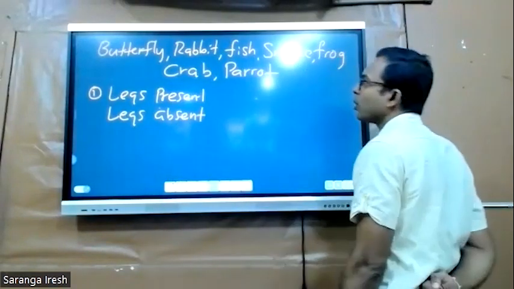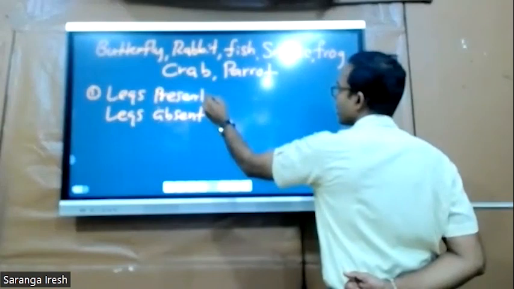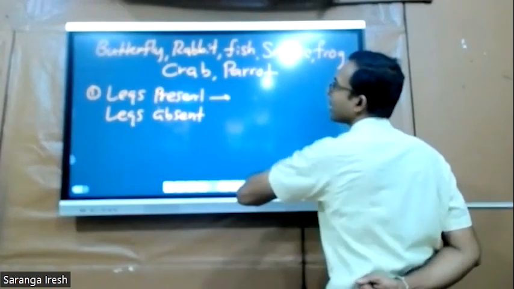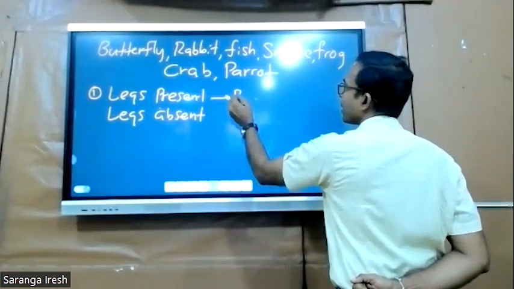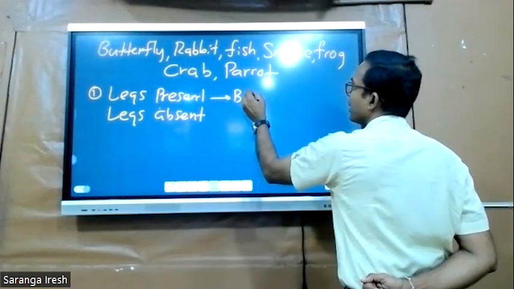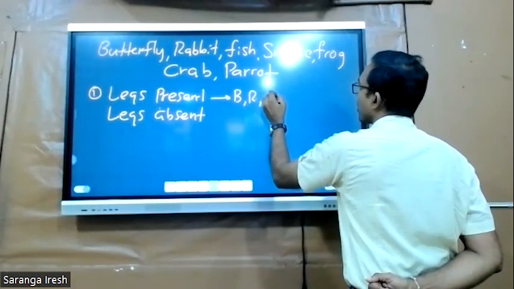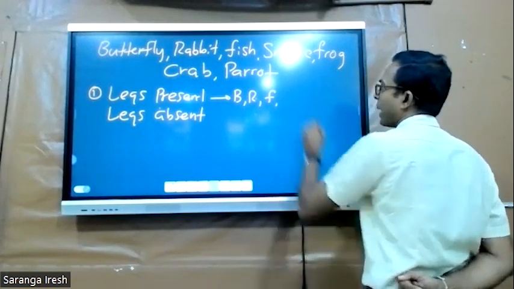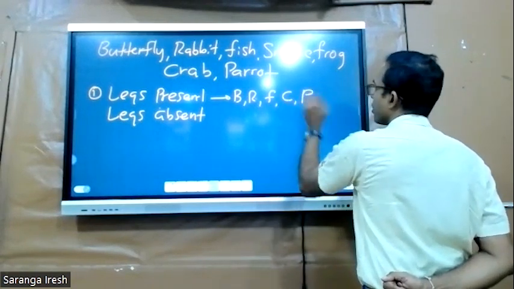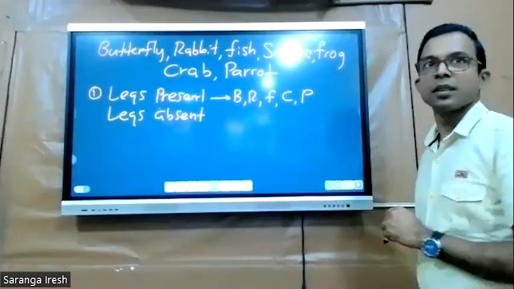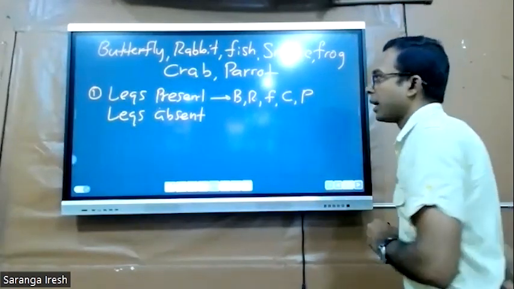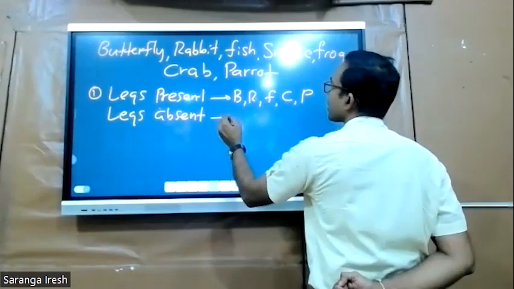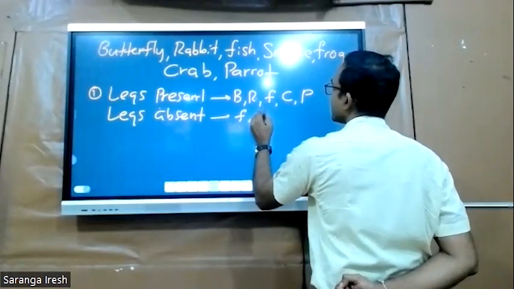Who are the organisms with legs? Butterfly, rabbit, frog. Legs absent: fish and snake.